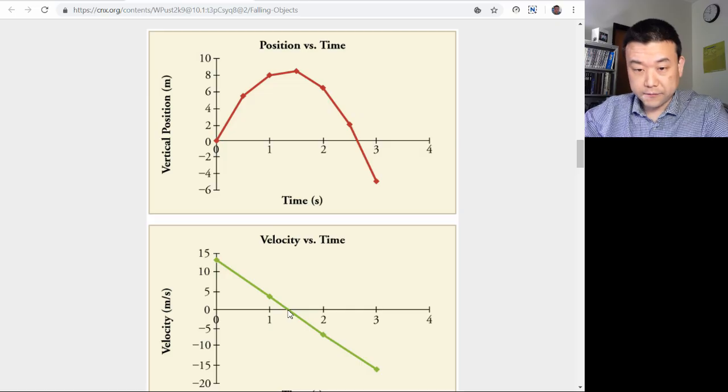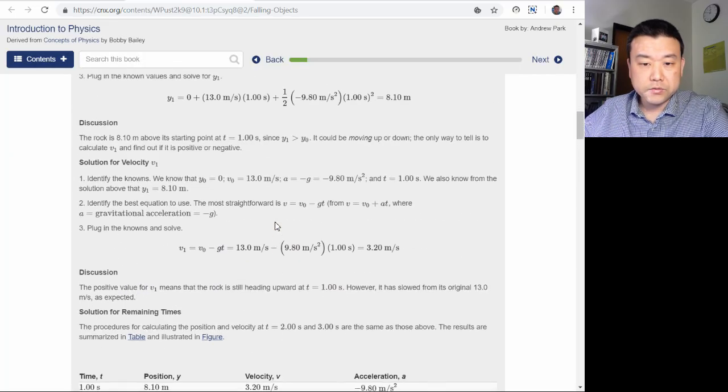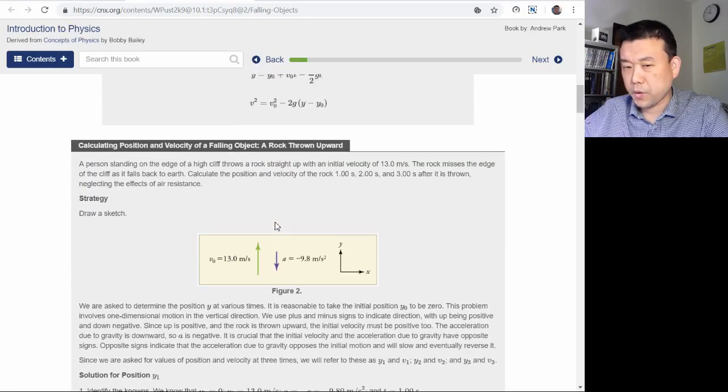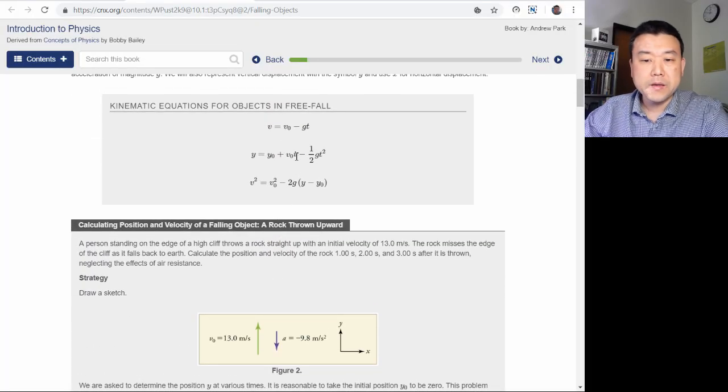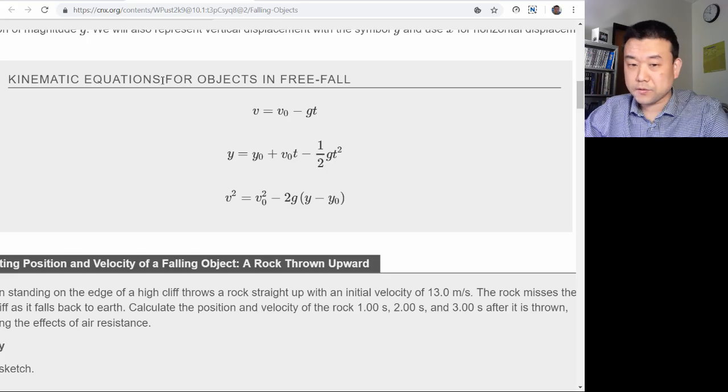So once you have that, then you do need to go back to the kinematics equations you have seen up here. So you have seen these kinematics equations for objects in free fall. This describes how the velocity is changing with the acceleration of minus g, and you have this position and other things. I want to focus on this velocity equation.